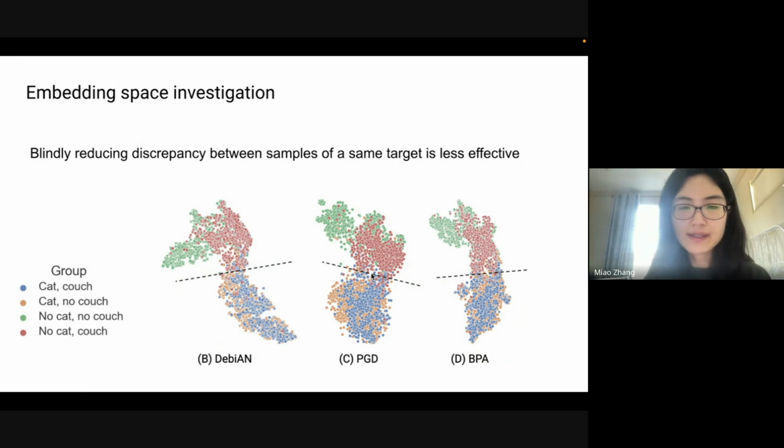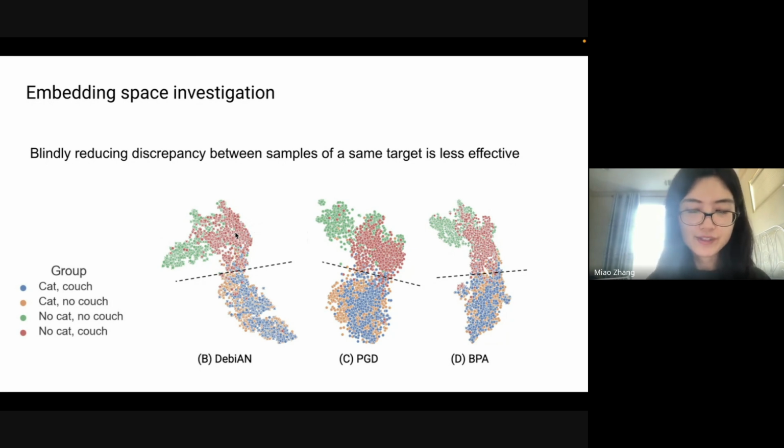We also investigated the different embedding space-based methods and how they perform, and why they do not achieve perfect mitigation. From the figures here, we can see that most of them use the idea of reducing the discrepancy between samples of the same class.